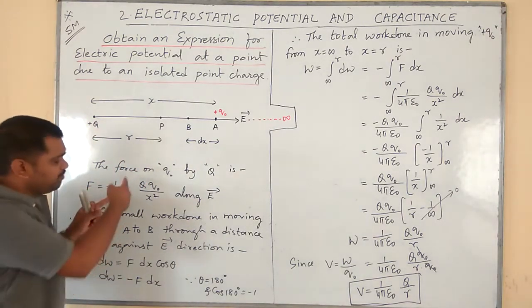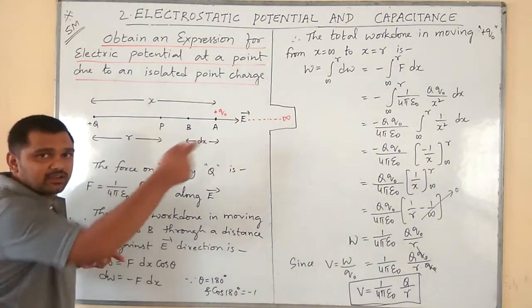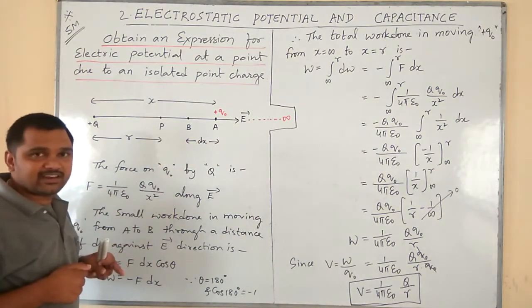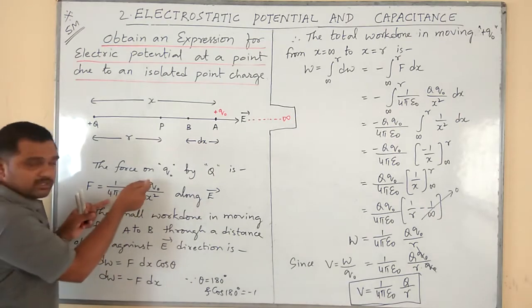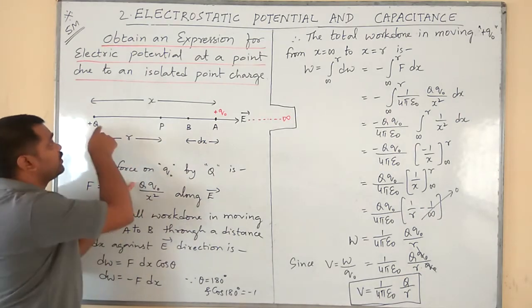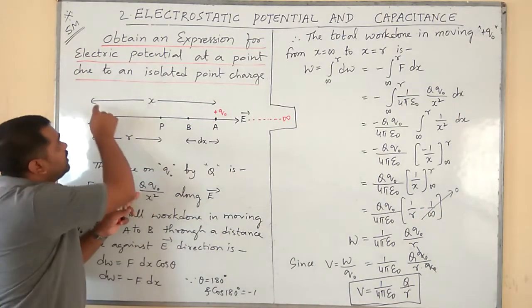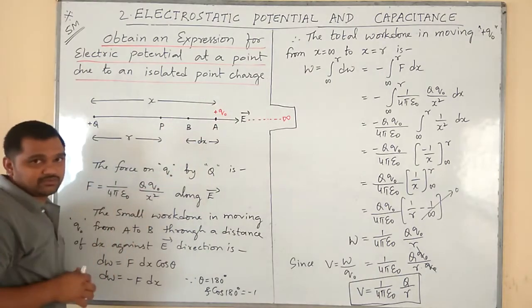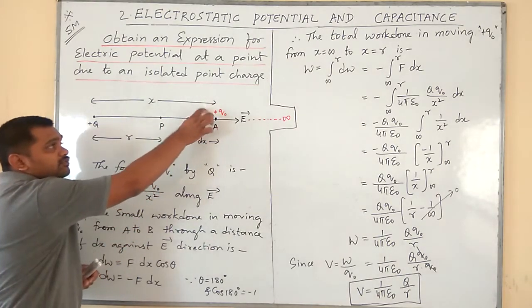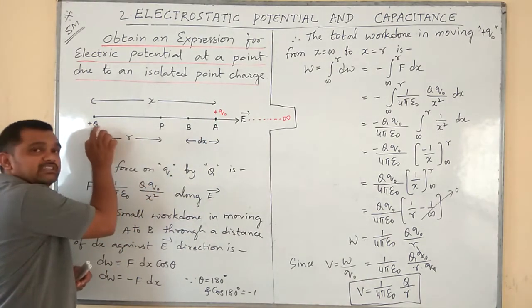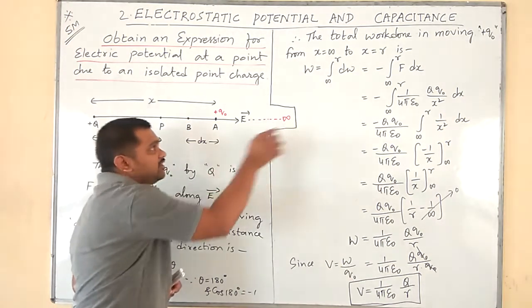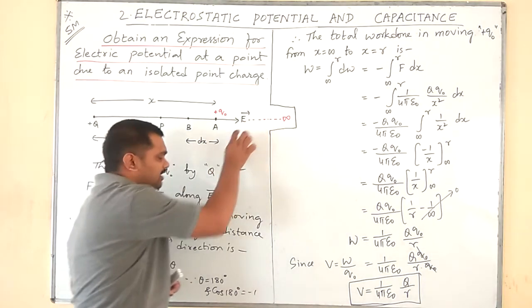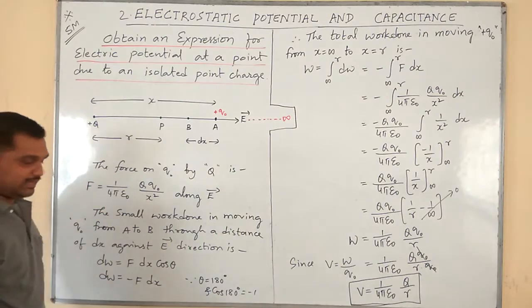F is equal to 1 by 4 pi epsilon naught Q1 Q2 divided by r square, isn't it? Therefore, I have substituted the values of Q1 Q2 as Q into Q naught divided by distance square, that is x square. Since it is a positive charge, it gets repelled by this charge like this. Therefore, the force is along the direction of electric field.